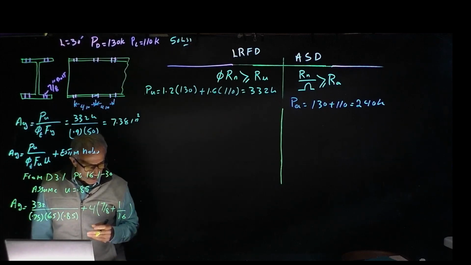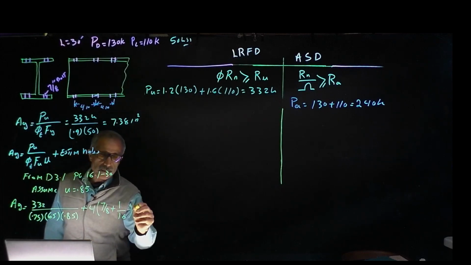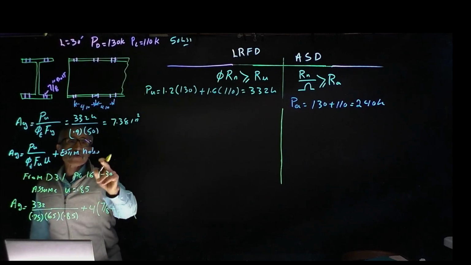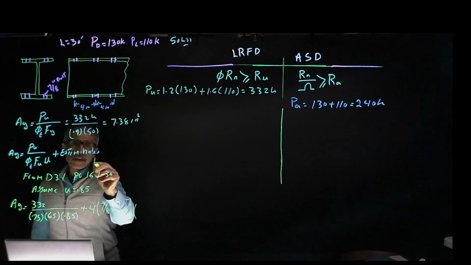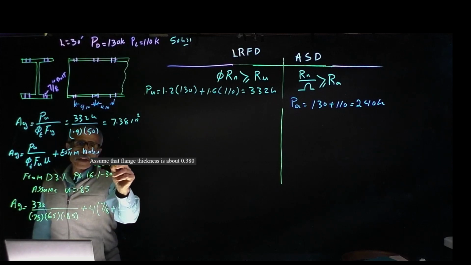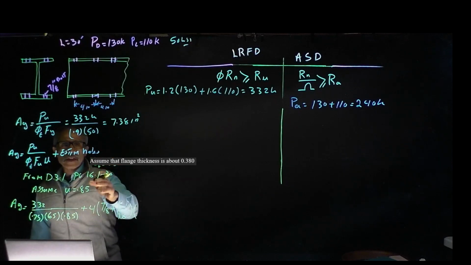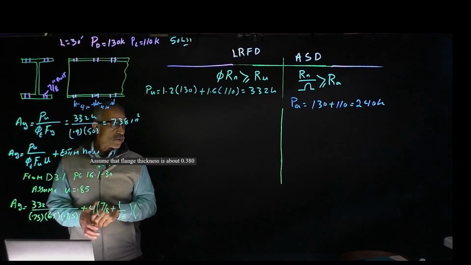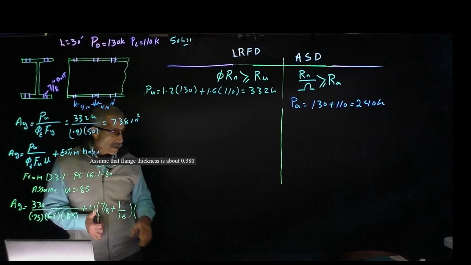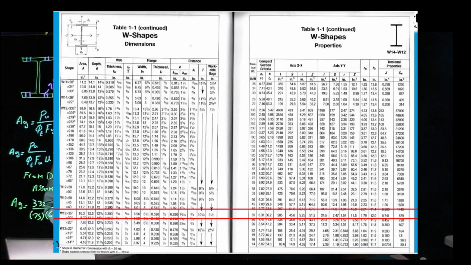And then we have the flange thickness. When we assume here, let's say the tf assumption was 0.38. Again, this is based on assumption. How do I get this assumption is important, because you go to the table, let me bring it up, look at the W12, and then we pick out the thickness of one of the W12s, and that's what we're going to use here.